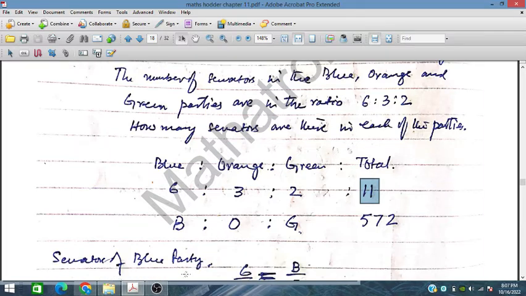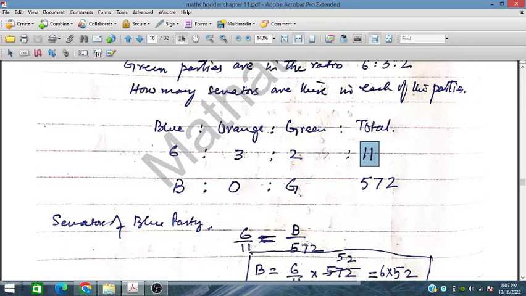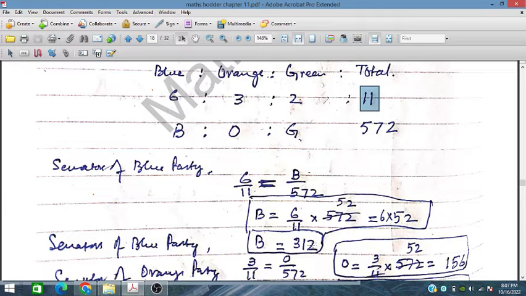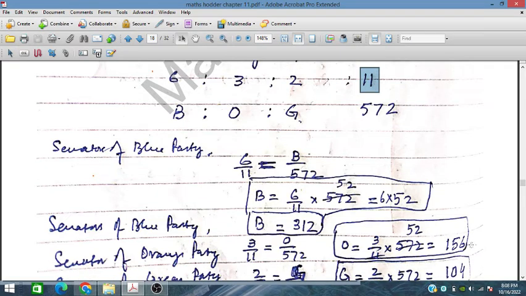For the blue party, this is 6 by 11, so B upon 572. So the blue share is 312. Similarly for orange, 3 by 11 and orange by 572. So we have 156.